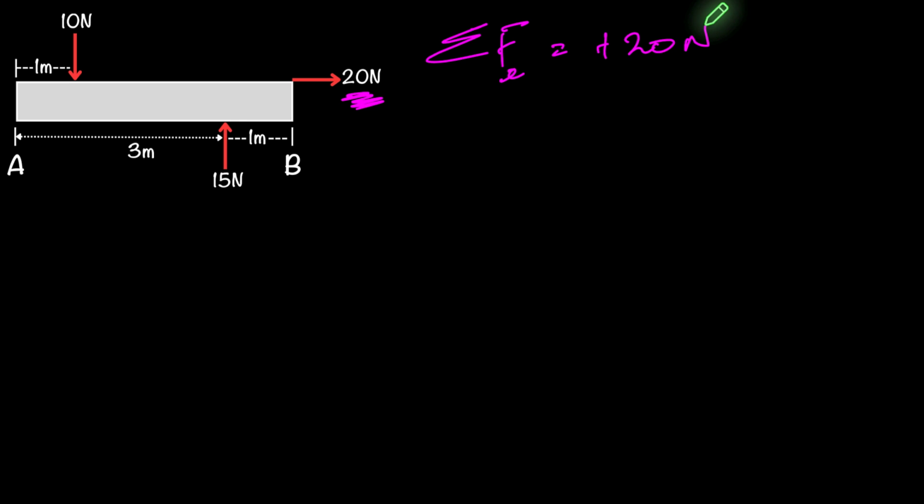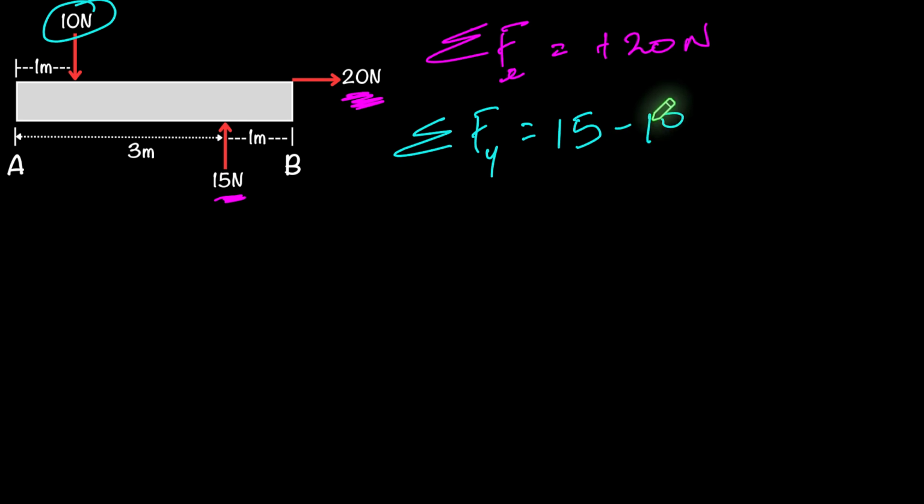Now in the vertical direction, we have this 15 newtons right here. And we also have this 10 newtons right there. So we're going to take upward forces as positive. So what we do here is to sum the forces in the vertical direction, and taking upward forces as positive, that would leave us with a positive 15 take 10.